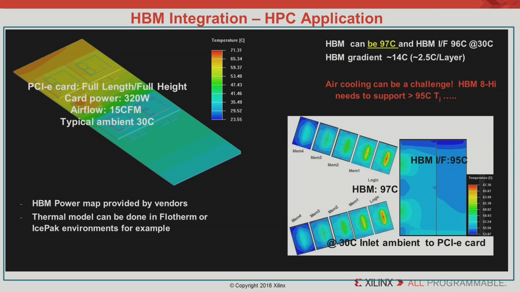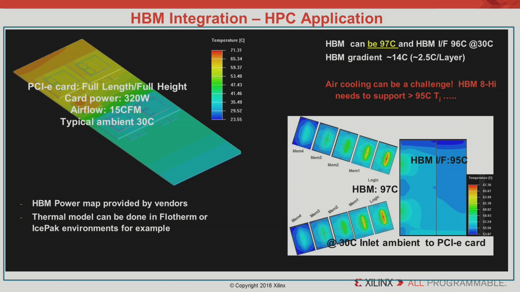Going through the stack here, you could have a thermal gradient of up to 2.5 degrees or so just between the layers, and a total gradient of 12 to 14 degrees C. Now you can imagine when people are starting to push 8 high stacks, the gradient gets even worse.